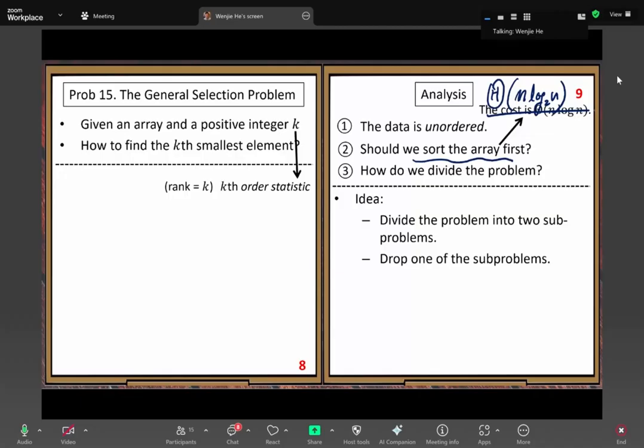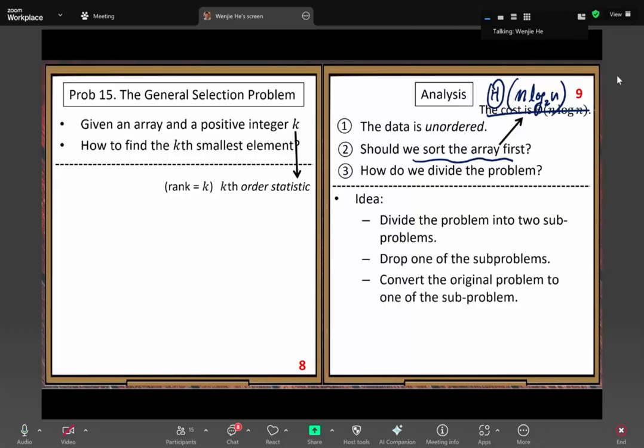Binary search divide step is very easy, right? After one comparison, you can drop one of the two subarrays. But for this one, you need to do a lot of work to divide the given array into two subarrays. Then you can drop one of the two.